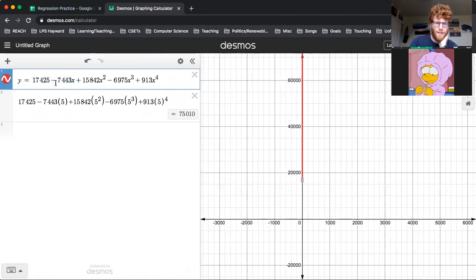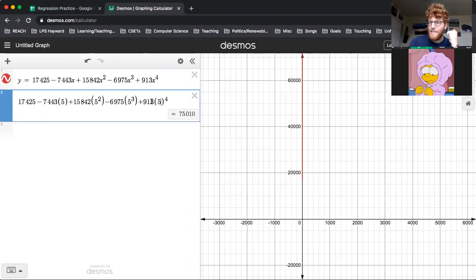Wherever I see an x, I'm going to input 5 instead. And that's going to get me the value at the 5th year. If I wanted it at the 6th year, I'd put in 6 for all of these. The beauty of a model is that it makes it really easy to see what's happening at certain years.